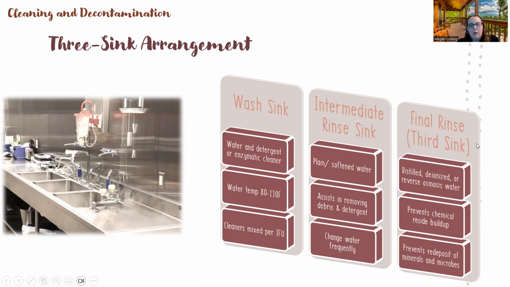And then your last sink in the line is basically a second rinse sink, your final rinse sink, that uses a different type of water, okay? So notice the difference here. The third sink uses distilled, deionized, or reverse osmosis water, okay? This is just an extra rinse to get rid of all that chemical debris, chemical detergents that are left on there, and helps prevent redepositing of minerals that might even actually be in the water as well.